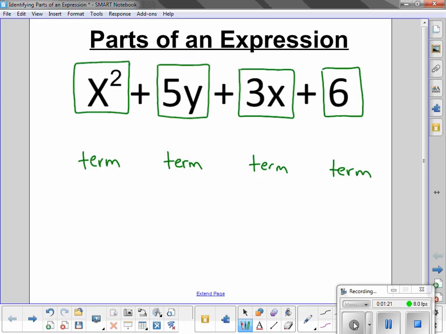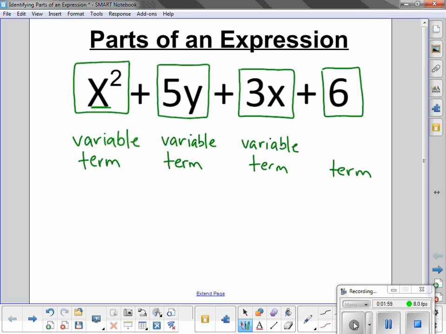Now, these terms have specific names, and we're going to look at how to name each of these terms based on their characteristics. The first term, x squared, is called a variable term. The reason it is called a variable term is simply because there is a variable involved. The next term, 5y, is also a variable term. 3x, also a variable term.